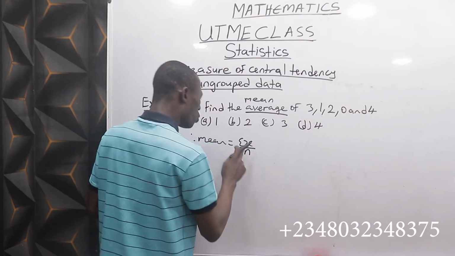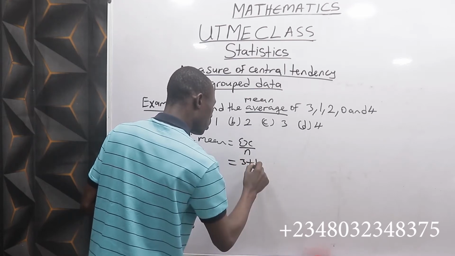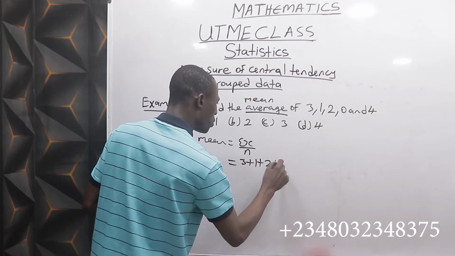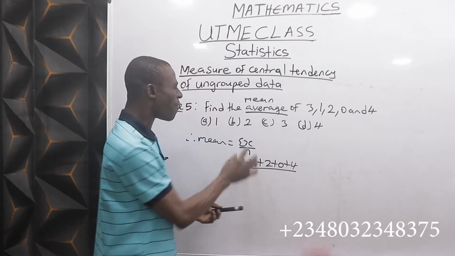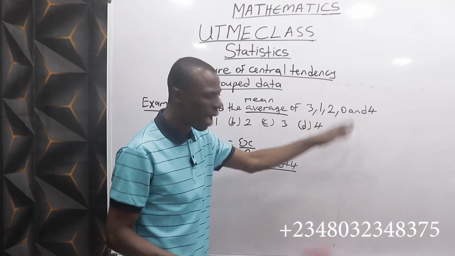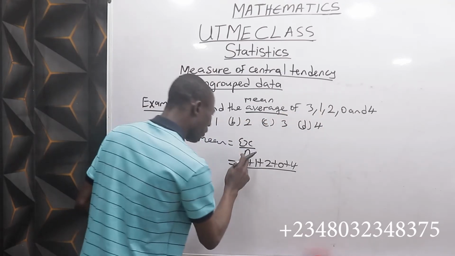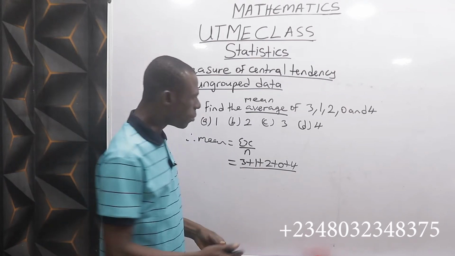Summation x means 3 plus 1 plus 2 plus 0 plus 4, the addition of every x value there, and each of these is an x value. Divided by n, the number of items.